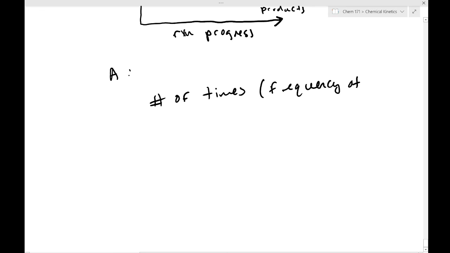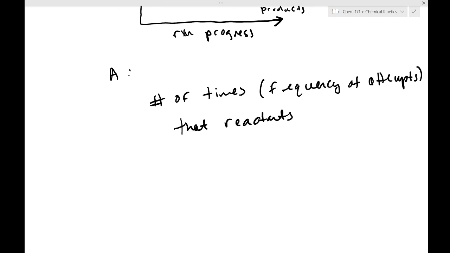Well, maybe we should say, instead of events, attempts. The frequency of attempts that the reactants make to surmount the activation energy barrier.